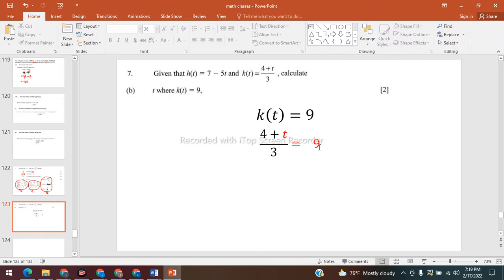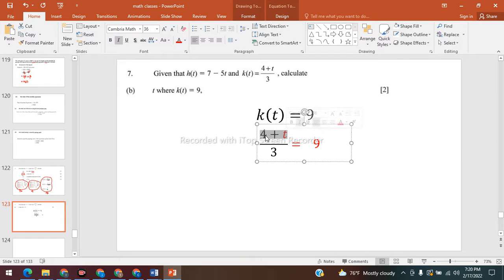What can we divide by 3 to get 9? 3, 6, 9, 12, 15, 18, 21, 27. Yes, 27. Very good. So 27 divided by 3 is 9. So that means this top part has to be 27.